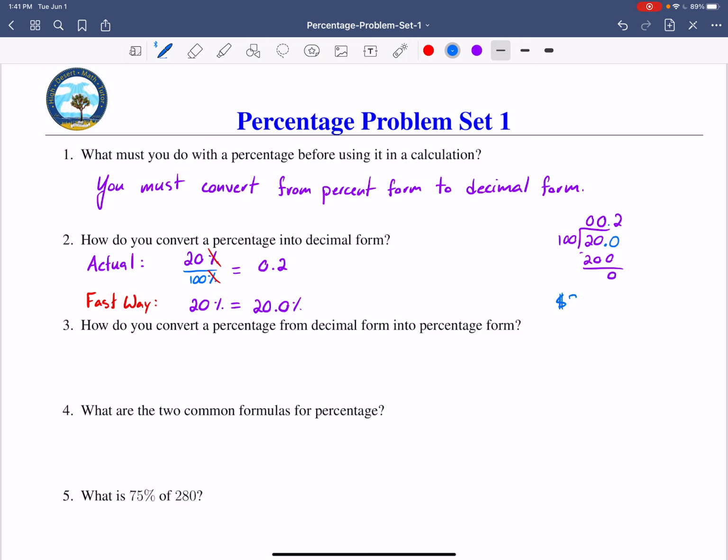$20. But if you have a $20 bill, how much change do you have? Well, that's the same as 20.00. So at any given time, you're allowed to add a 0.00 and however many zeros you want, as long as you put the decimal.